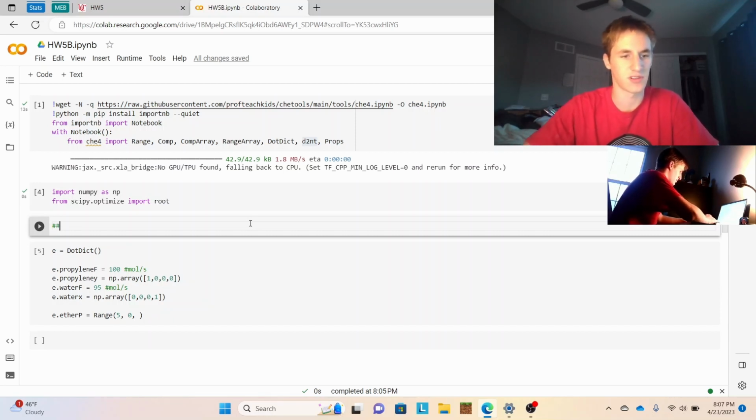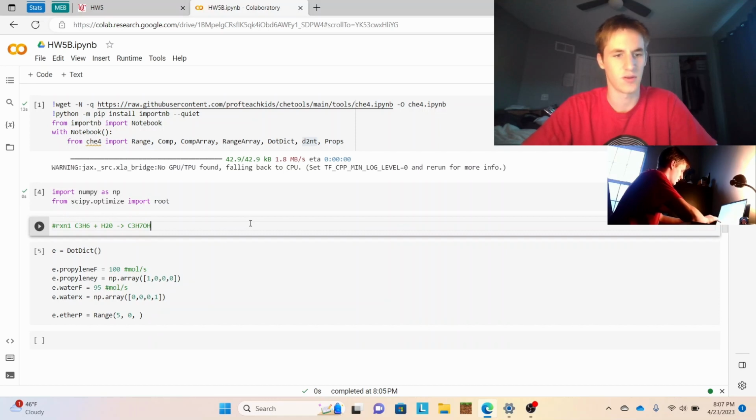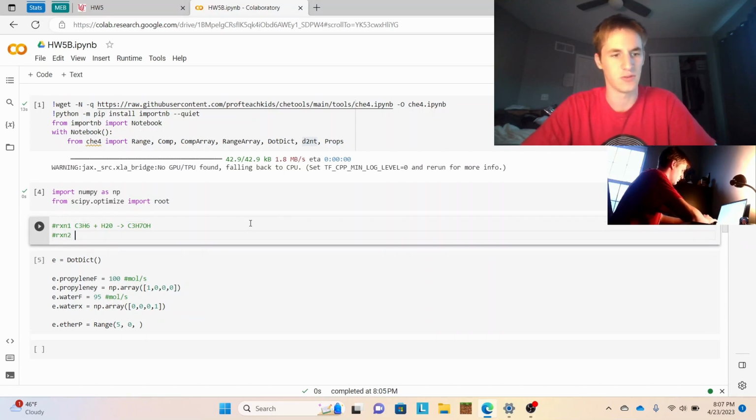So if we write out reaction 1, we have C3H6 plus H2O goes to our isopropanol, so C3H7OH, and then we have reaction 2, right, and that's 2 isopropanol goes to our ether plus water.